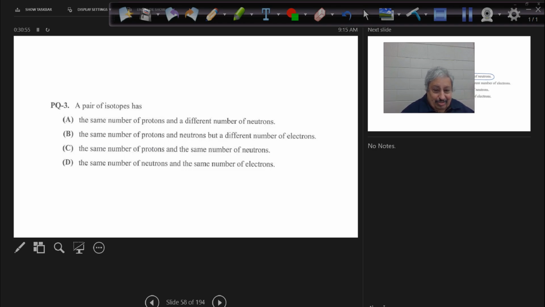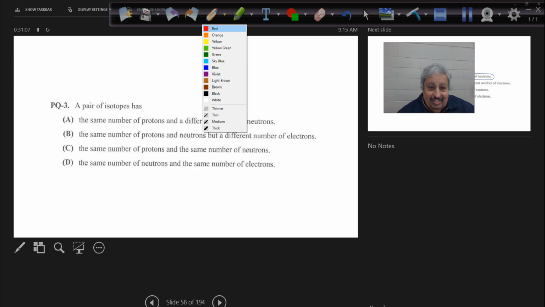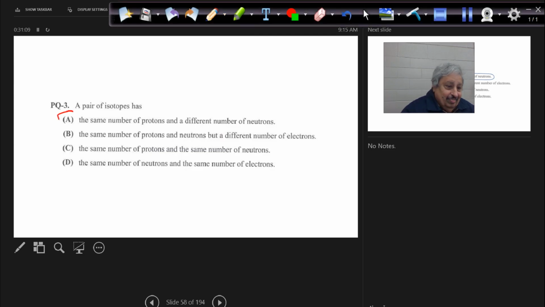Same number of protons, the same number of electrons, you can eliminate C as well. D, the same number of neutrons and the same number of electrons, you can eliminate D. So the only choice left is the first one, A. Okay, it's A.